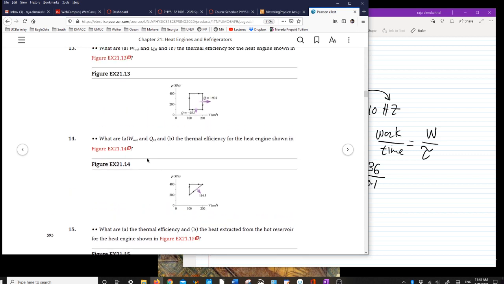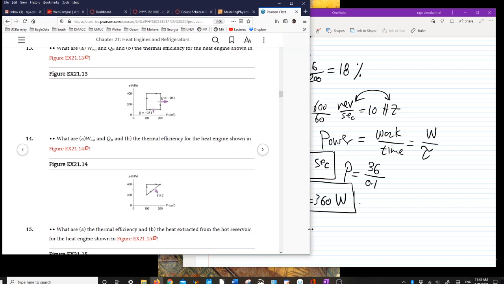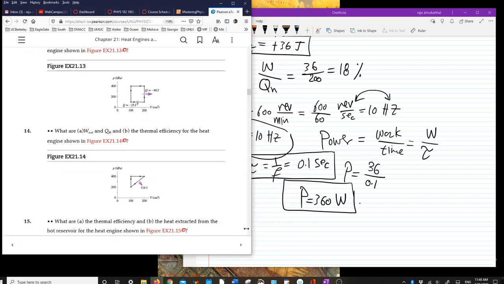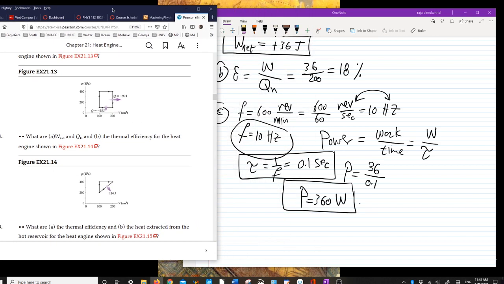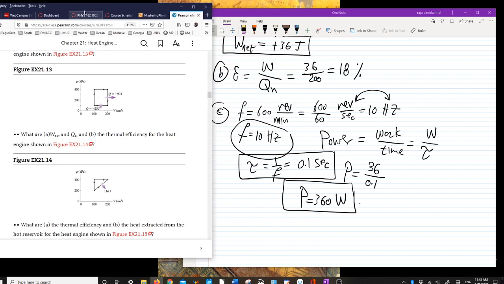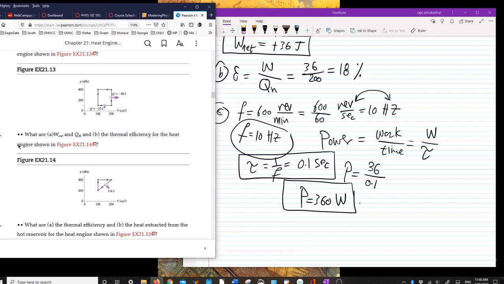Okay, it says figure 14. This is figure 14. So you look at this number 14 right here. We have this diagram, this cycle.